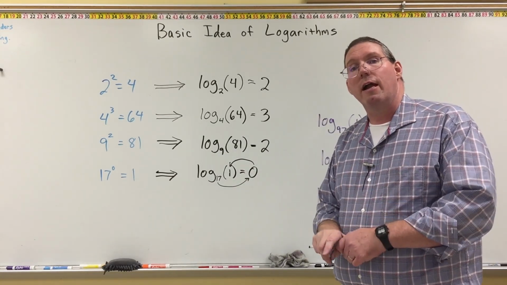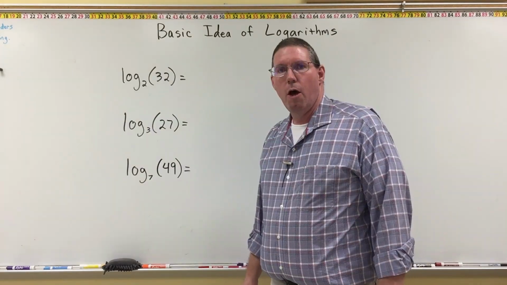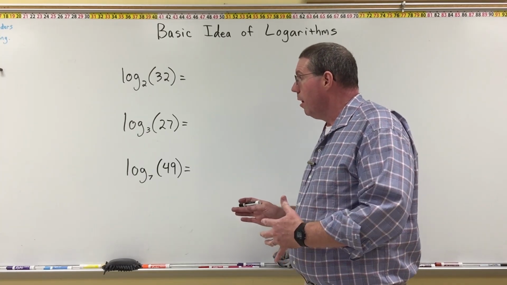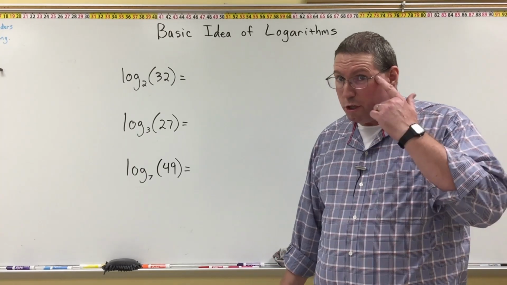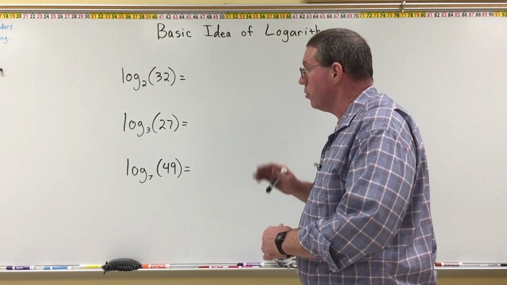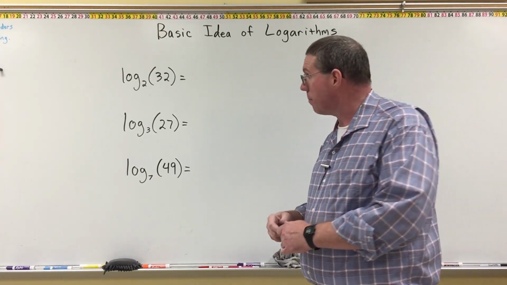All right, so now we're going to look at a couple more very simple logarithms. Okay, so here are 3 examples of simple logarithms that you should just be able to do right off the top of your head. Okay? And you're going to be asked 1 or 2 of these kinds on the quizzes and on the exams. Okay?